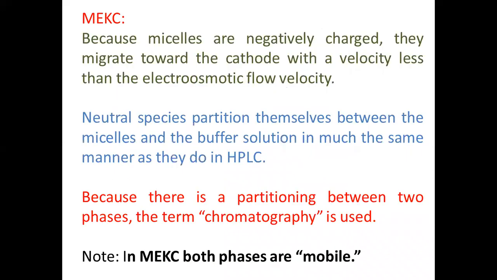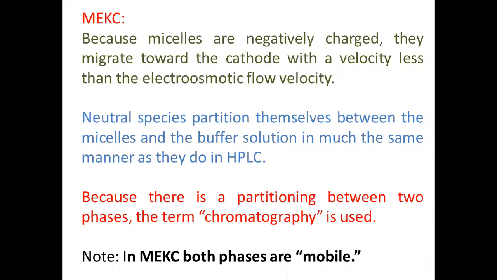How is this micelle going to play the role here? Micelles are negatively charged, because the negatively charged heads are pointed outward. The velocity of the micelle will be lower than the electroosmotic flow.